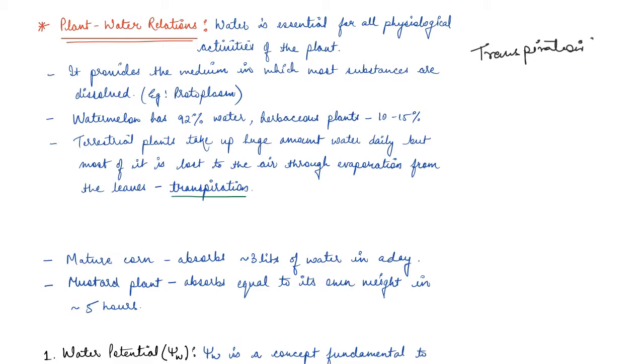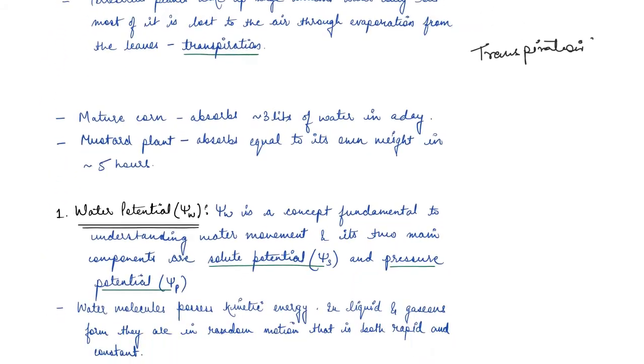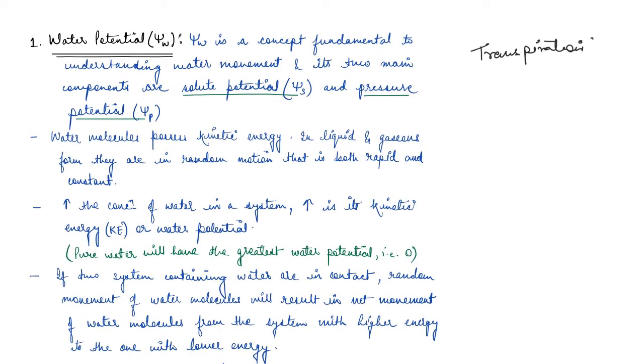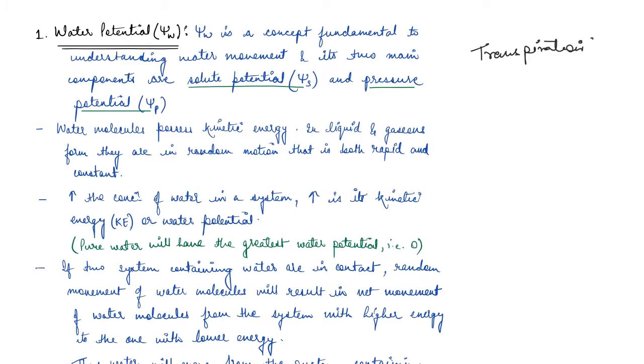So let's see what exactly water potential is. Basically, guys, it is denoted by this symbol, and it is a concept fundamental to understanding water movement. Basically we want to understand the movement of water. Now this water potential has two main components.